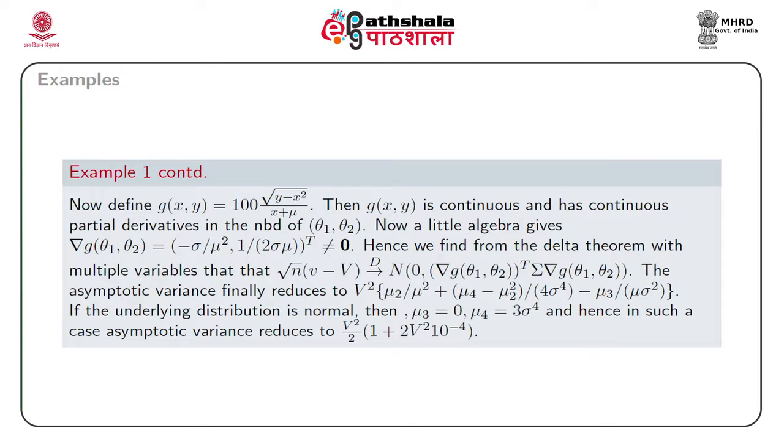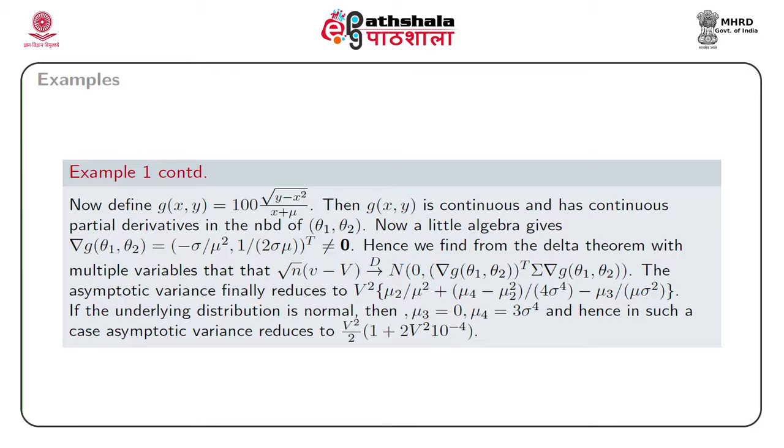Now, a little bit of algebra gives the gradient vector of g evaluated at (theta 1, theta 2) as a two component vector with first component minus sigma divided by mu square and the second component 1 by 2 sigma mu. And since we have assumed mu not equal to 0, this gradient vector is different from the null vector.